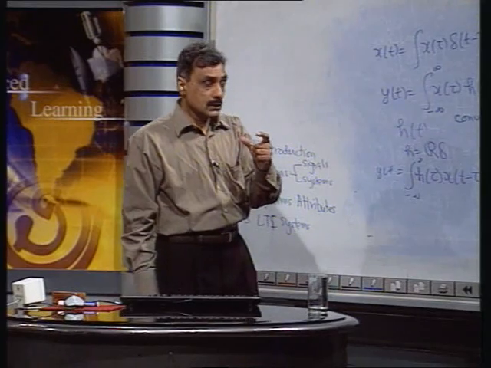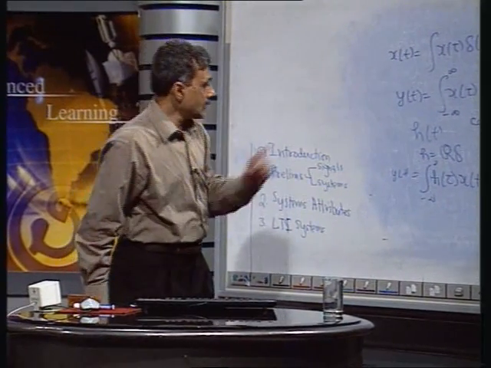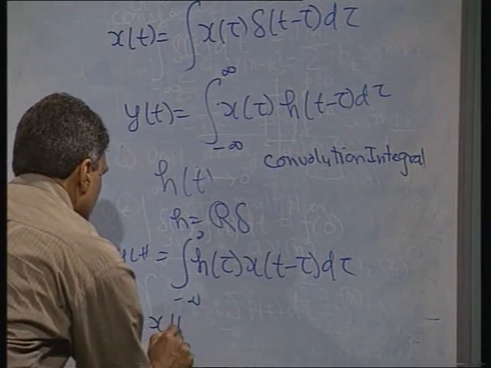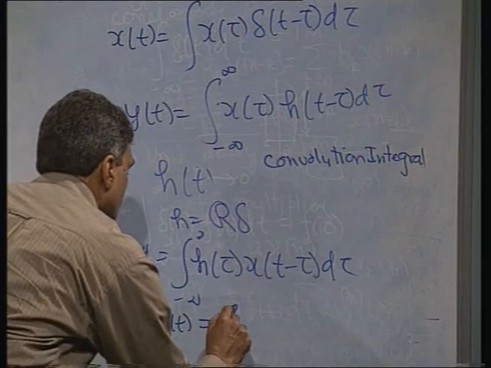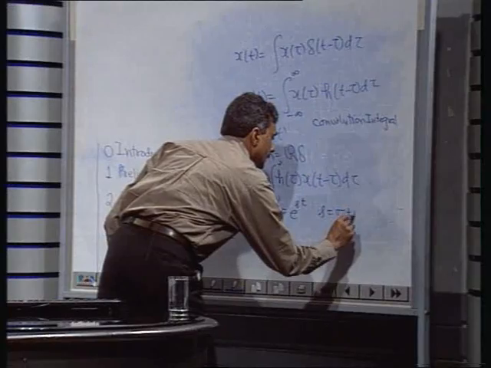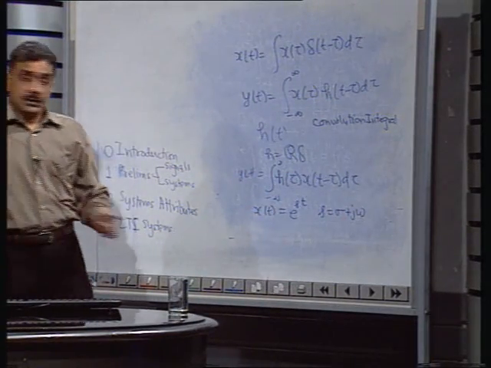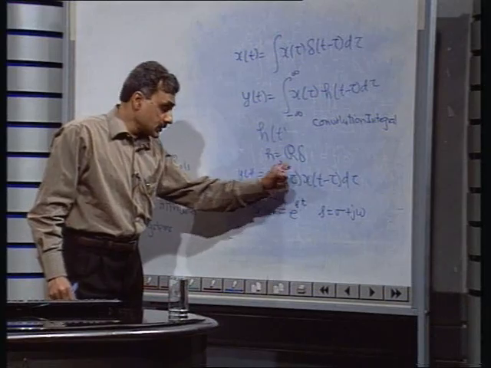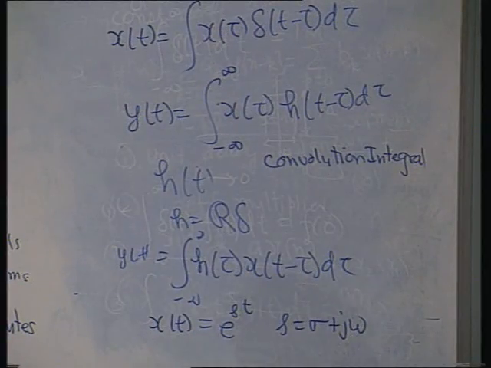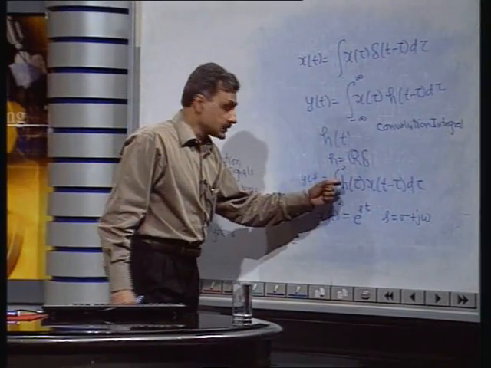Now what I do is I feed an exponential type of signal here, that is, let me say that x(t) is e raised to power st, where s can be a complex quantity, sigma plus j omega. Suppose I feed a signal x(t) of this nature, e raised to power st, then what happens here?